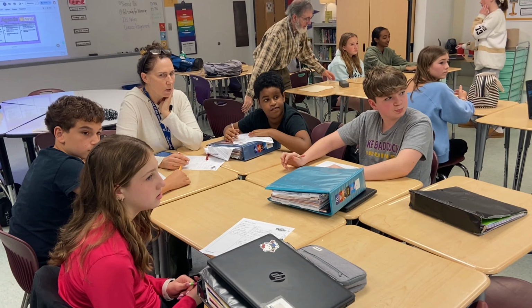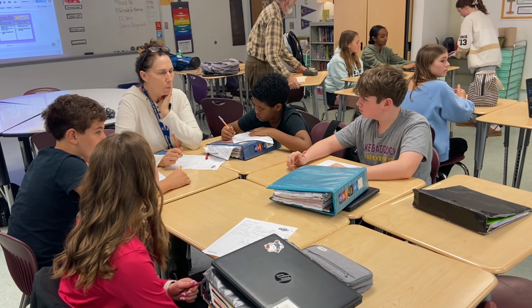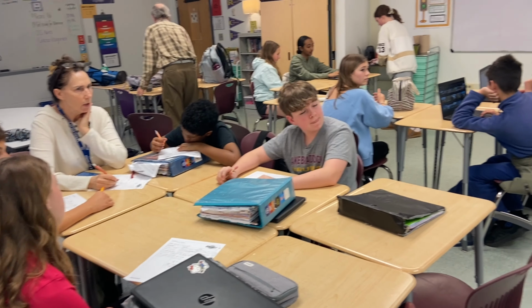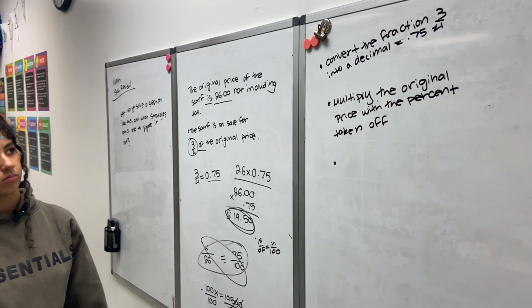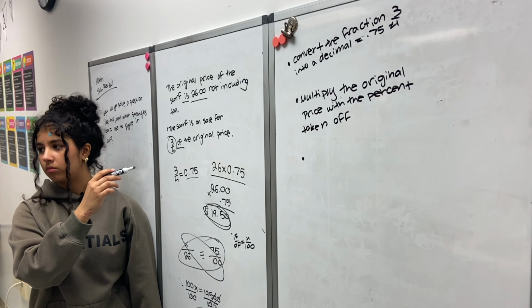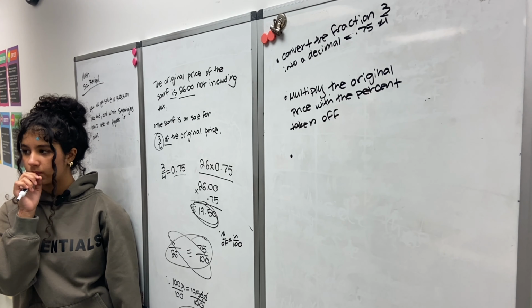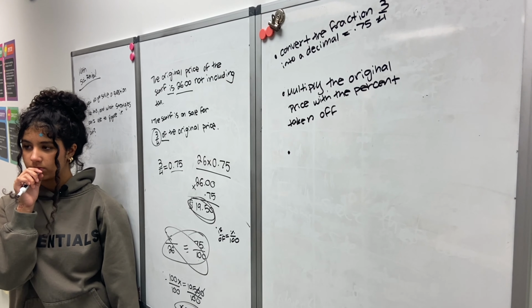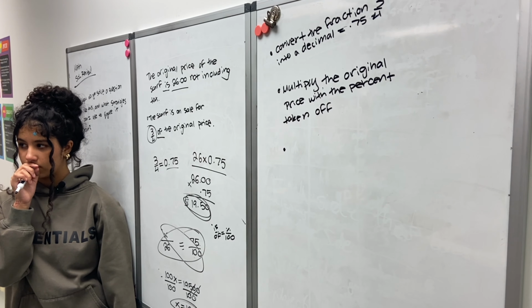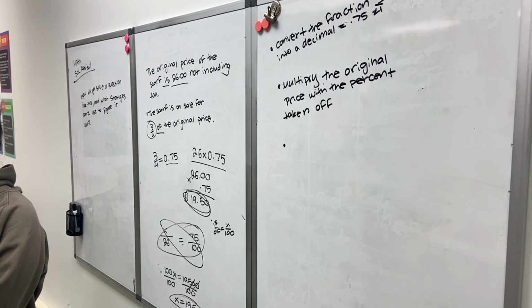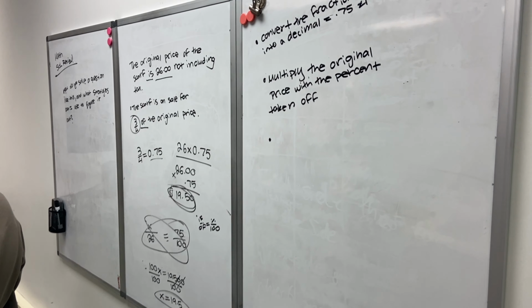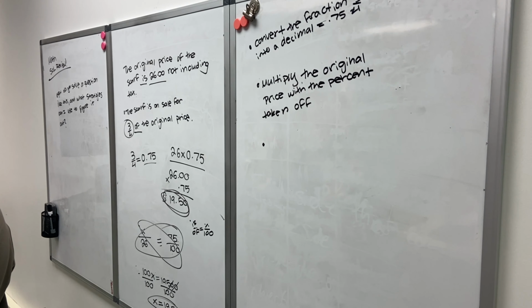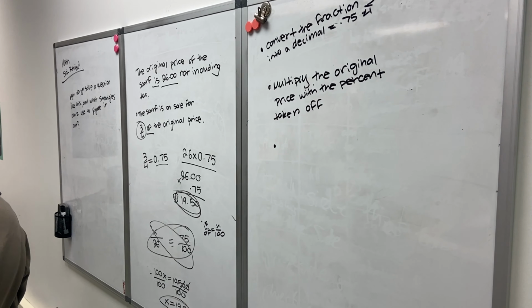Look, can we pop back to the second bullet? Did we multiply the original price with the percent taken off? No, we multiplied the original price with the decimal form of the percentage. Well, we didn't take it off, did we? It was 25% off, right? So we multiplied the original price with the sale percentage, right?